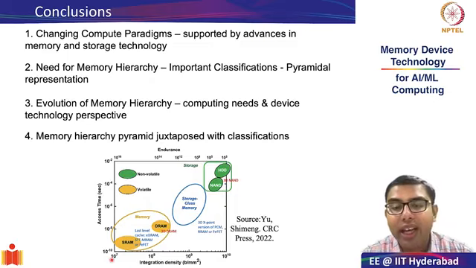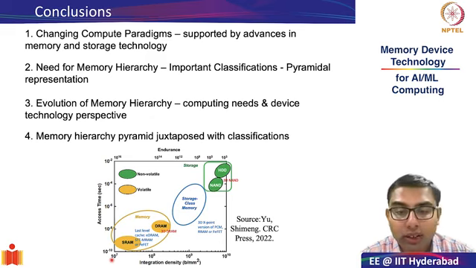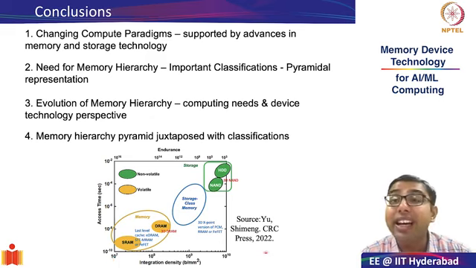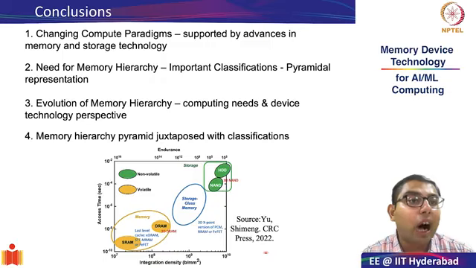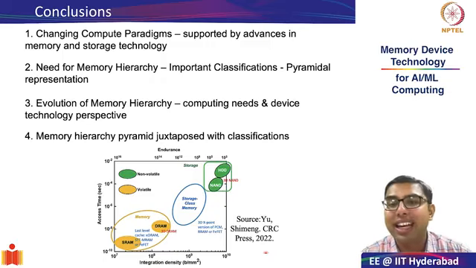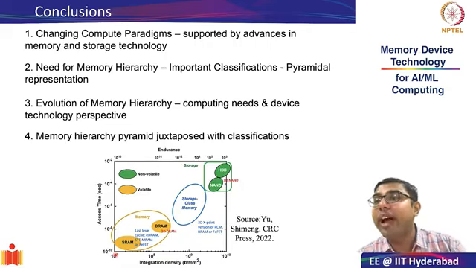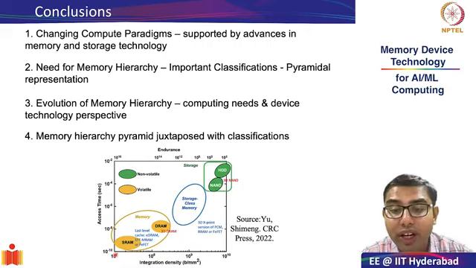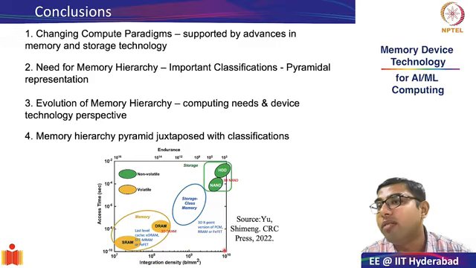If you see the x and y axis, both are in log scale. The x axis is the integration density, in bits per millimeter squared. How many logical bits can you fit per millimeter square? As you can see, there is a big range, 3 orders of magnitude, from 10 to the power of 7 to almost 10 to the power of 10.